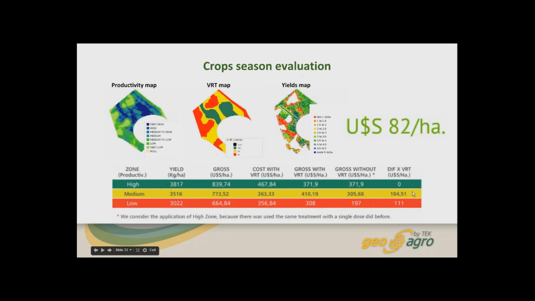So in this case, it was a difference of $111 per hectare in the low and medium areas, because we invested less, and the profit margin was higher.